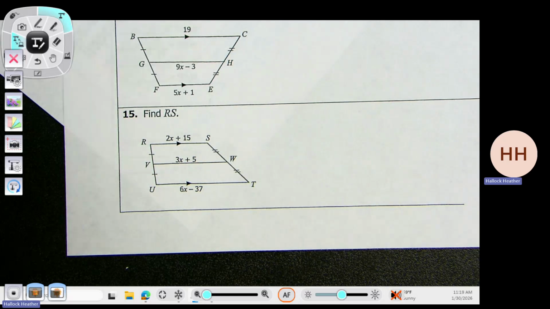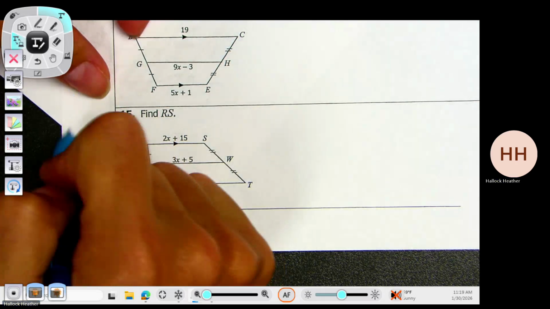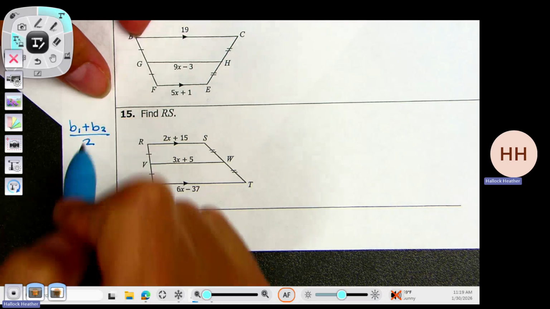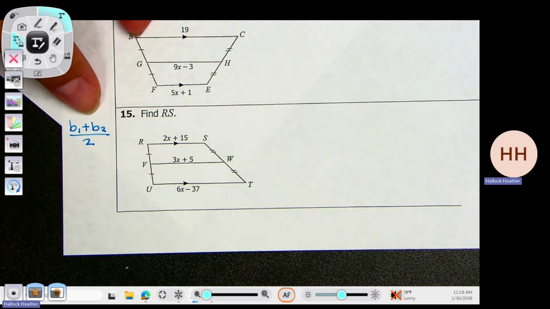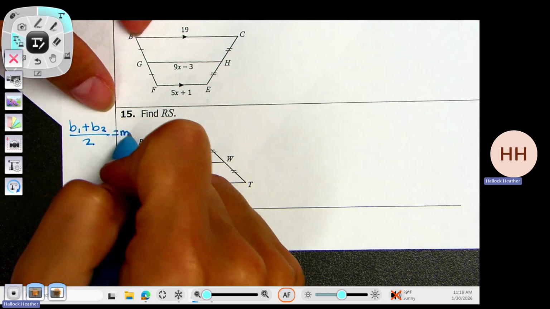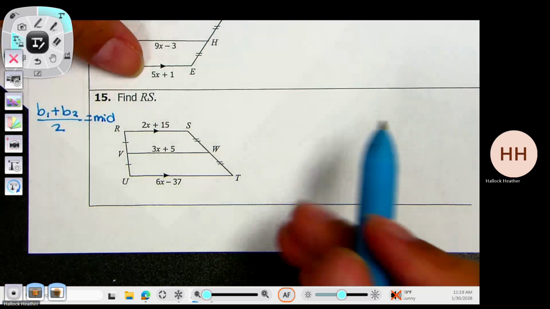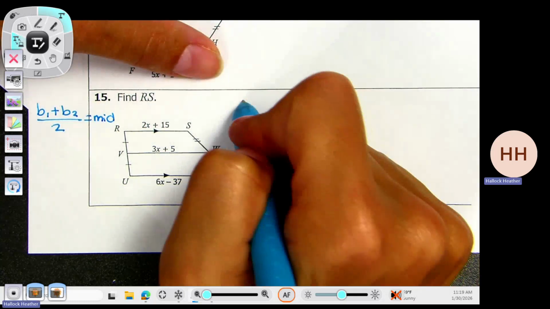So the rule for a mid-segment, what are we going to do? You add the bases, but you have to divide by 2. So base 1 plus base 2, divided by 2, equals the mid-segment. I'll just put mid. Base 1 is going to be 2x plus 15.